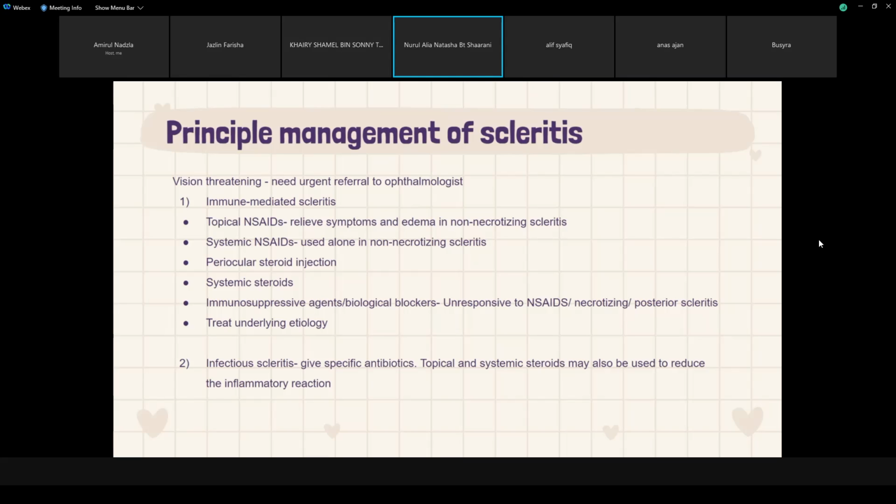We can also give immunosuppressive agents or biological blockers to patients who are unresponsive to NSAIDs, and also for the necrotizing type and posterior type of scleritis. Other than that, we also need to treat the underlying etiology, for example, rheumatoid arthritis and so on. For the infectious scleritis, we give specific antibiotics, and topical and systemic steroids may also be used to reduce the inflammatory reaction. Next slide, please.